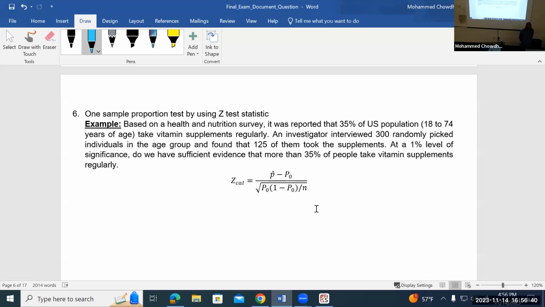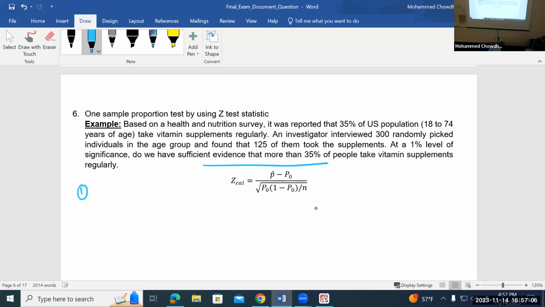At 1% level of significance, do we have sufficient evidence that more than 35% of people take vitamin supplements? Are you saying more than, right? Either more than or less than, or whether we do not know. These are the three things that must be specified in the question so that you can determine your alternative hypothesis.